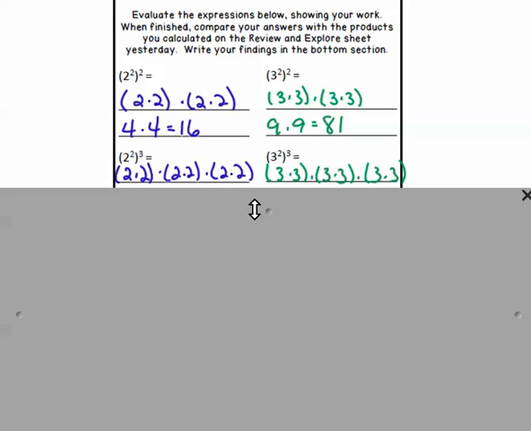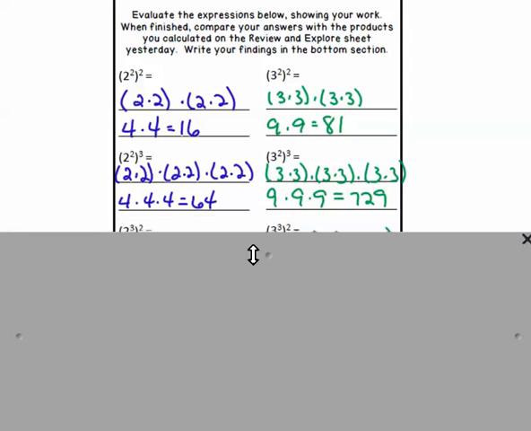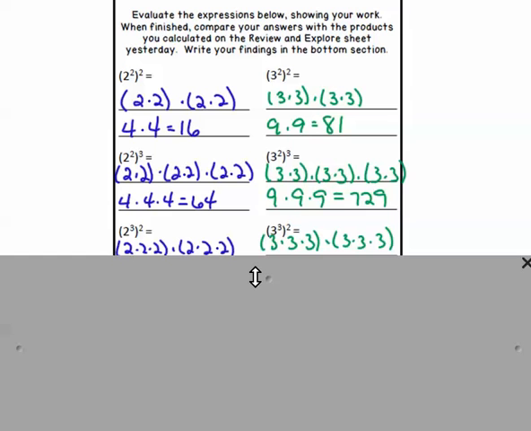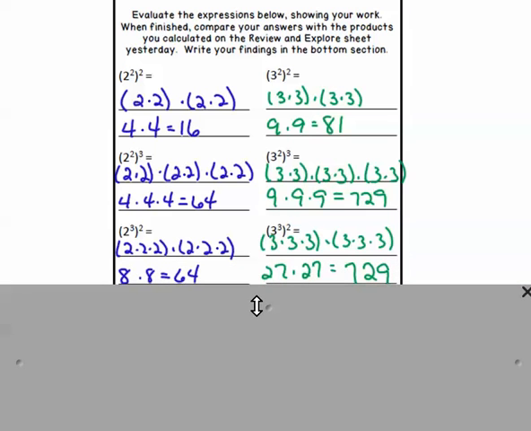And if we take 3 squared to the third power, we should see factors written out like this. That's the same as 9 times 9 times 9, which would be 729. And then if we have 3 cubed to the second, that's the same as 3 times 3 times 3 multiplied by itself, and that's 27 times 27.